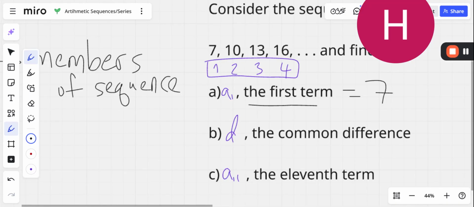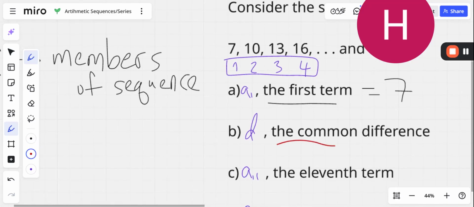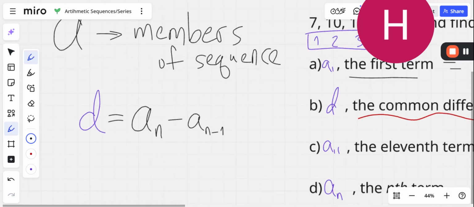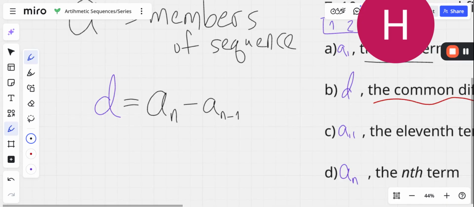Now, the common difference, D, there's a way to calculate the difference. Since every term either adds or subtracts this difference, D, the common difference is defined by this formula: AN minus AN minus 1. So you can take any two successive terms, that means one after the other, and subtract them, and that gives you your difference.